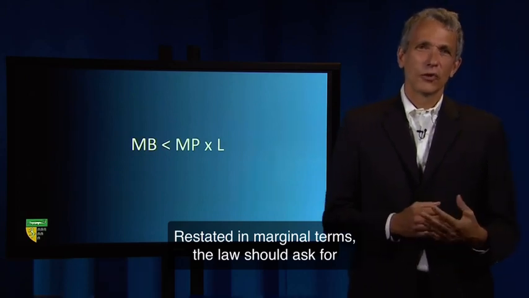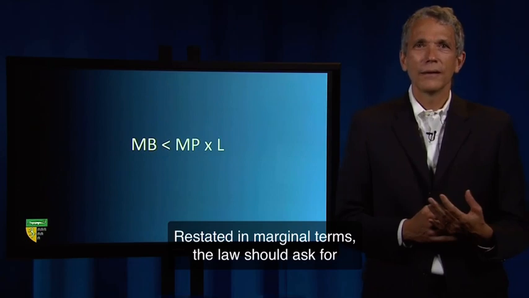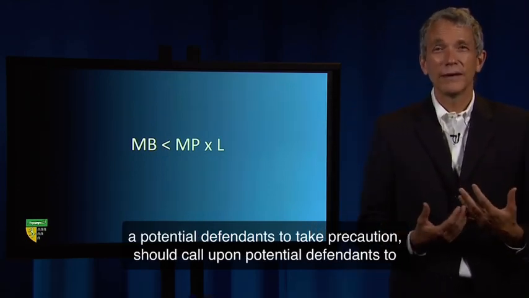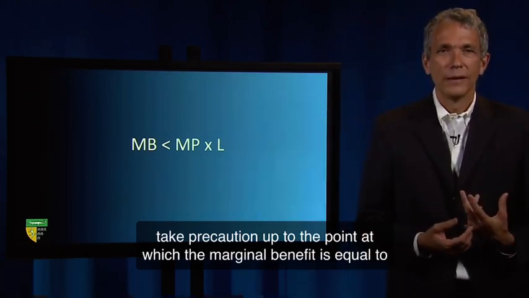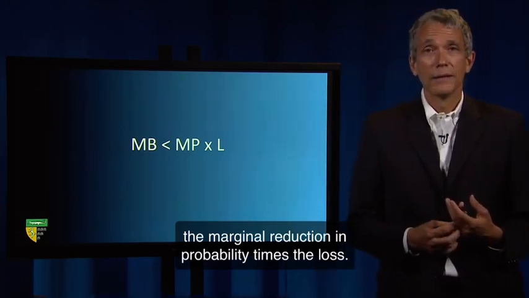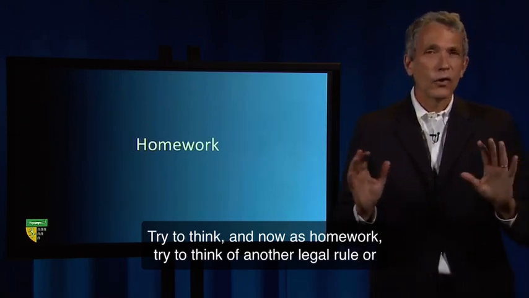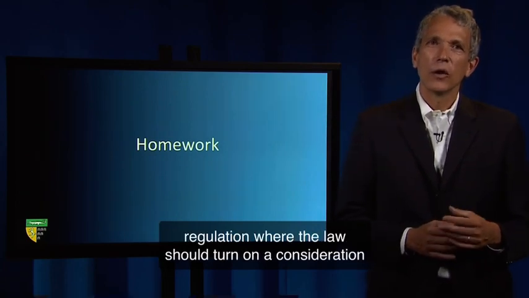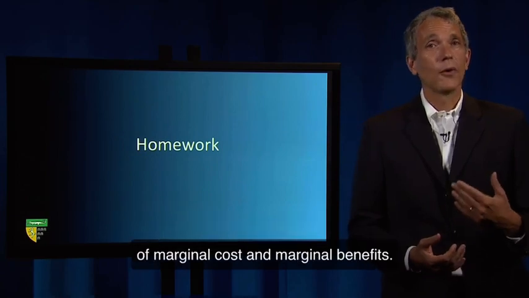Restated in marginal terms, the law should call upon potential defendants to take precaution up to the point at which the marginal burden is equal to the marginal reduction in probability times the loss. Try to think, and now as homework, try to think of another legal rule or regulation where the law should turn on a consideration of marginal cost and marginal benefits.